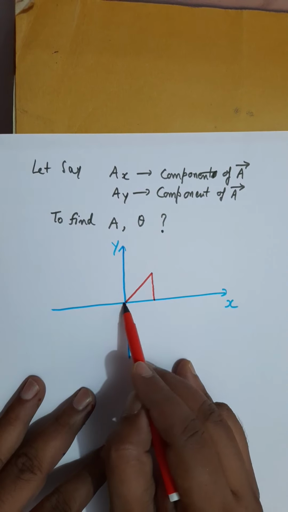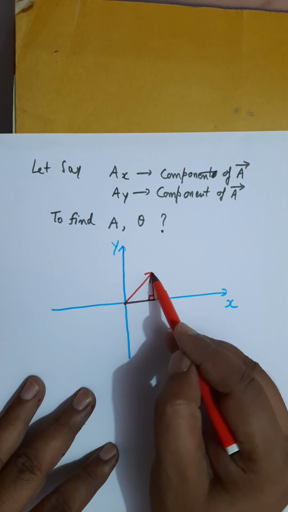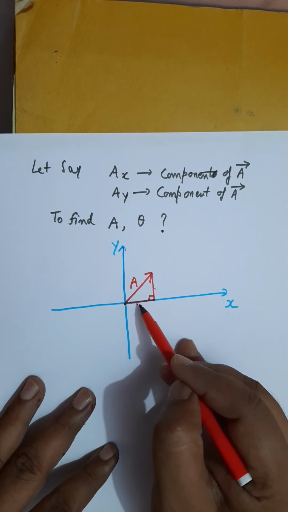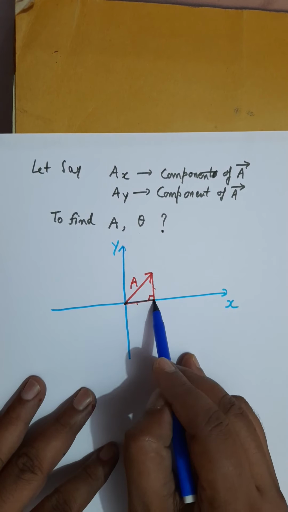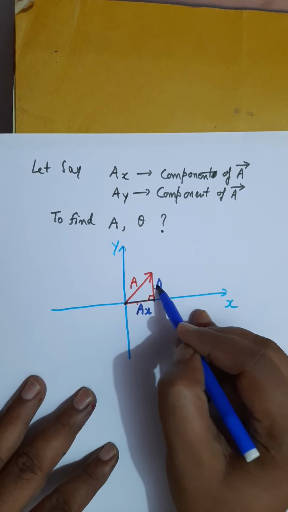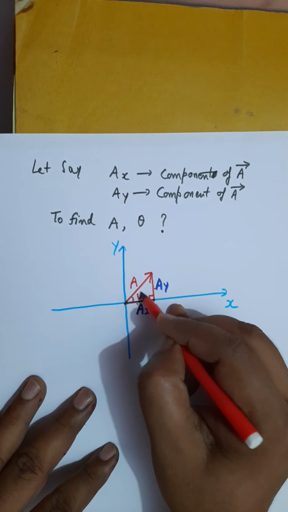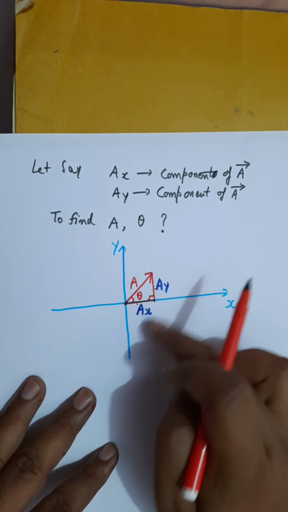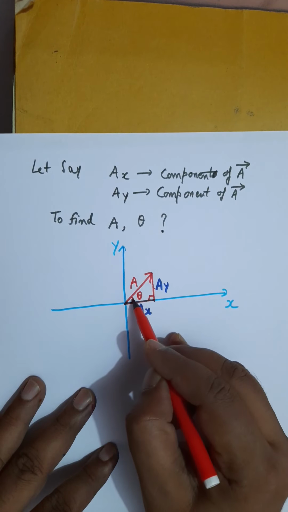Notice this hypotenuse is my vector and the other two sides are the components. Obviously the component which is on the x-axis will be ax, and the other one is ay, and this is angle theta. Now we know ax and ay, and we want to find the value of a, and the value of theta.